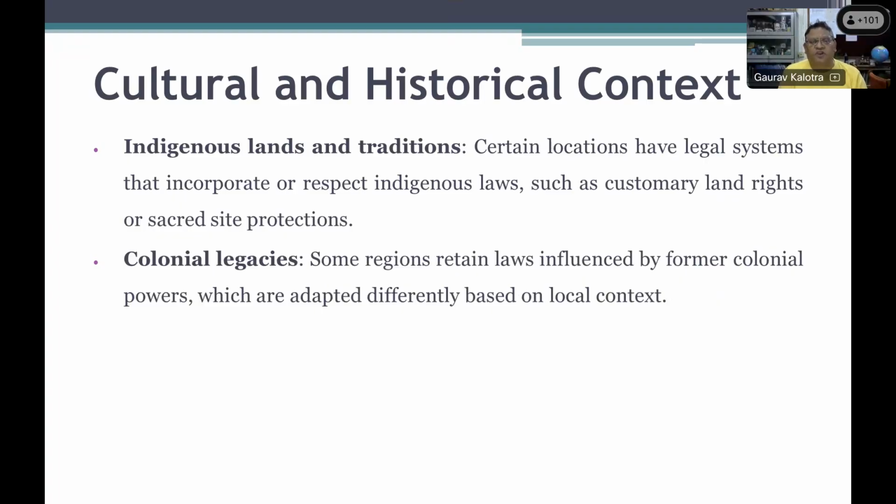Certain locations have legal systems that incorporate or respect indigenous laws, such as customary land rights or sacred site protections. Colonial legacies, some regions retain laws influenced by former colonial power, which are adapted differently based on local context.